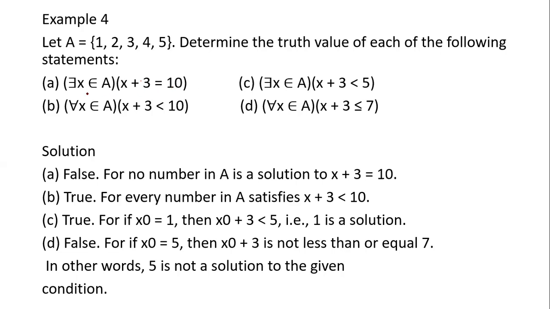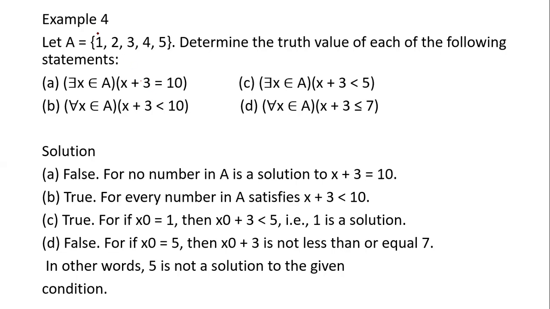Now let's see if this one is valid or not, true or not. We have the domain here, A, a set of 1 up to 5. It means even if you're able to get 1 that will satisfy the condition here, then it's true.